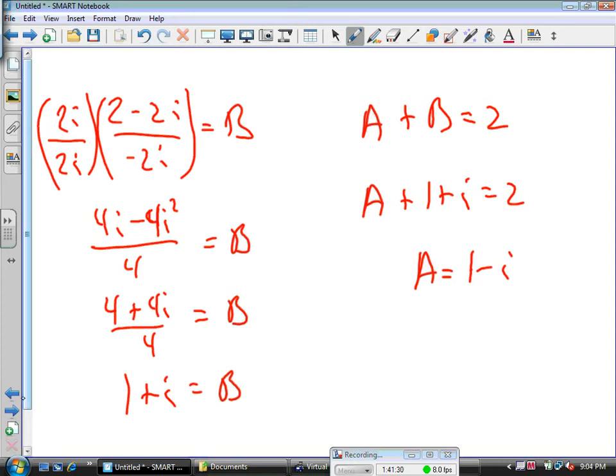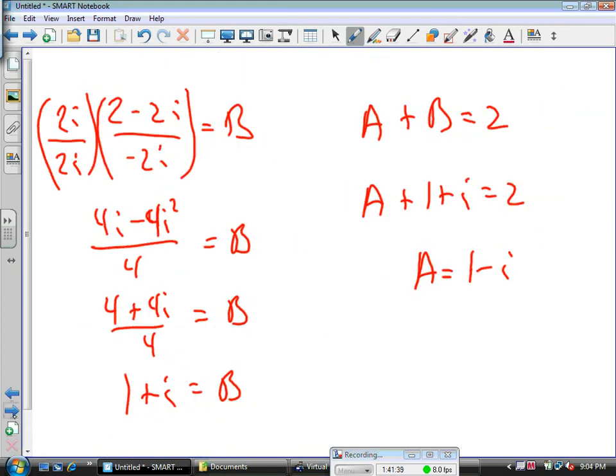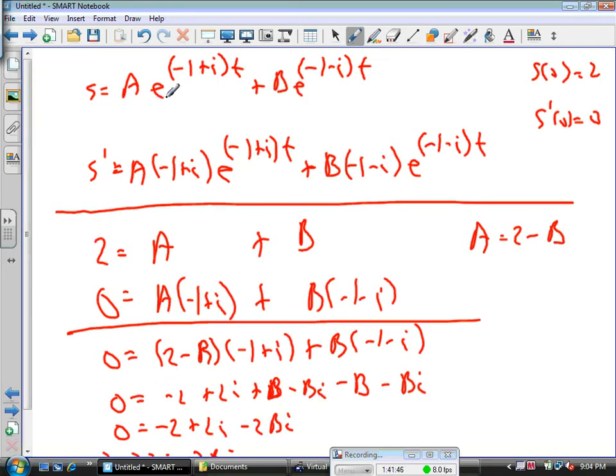All right, so here's the particular solution. It's this humongous mess where A is 1 minus i and B is 1 plus i. Holy cow. Hang on. It's e to the negative 1 plus i t.